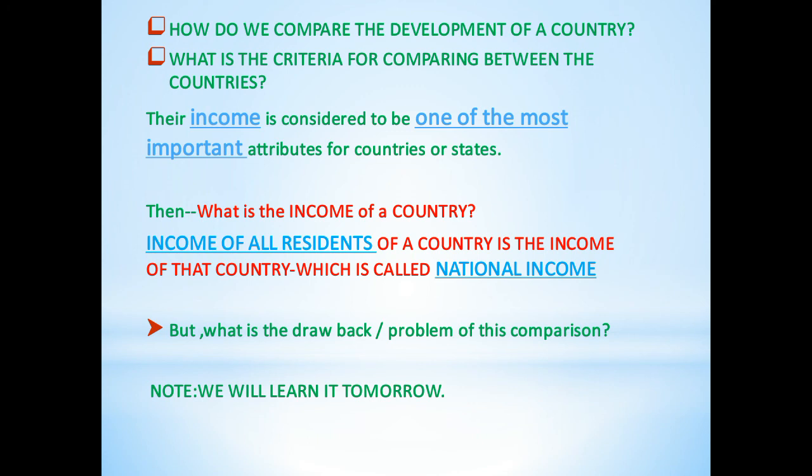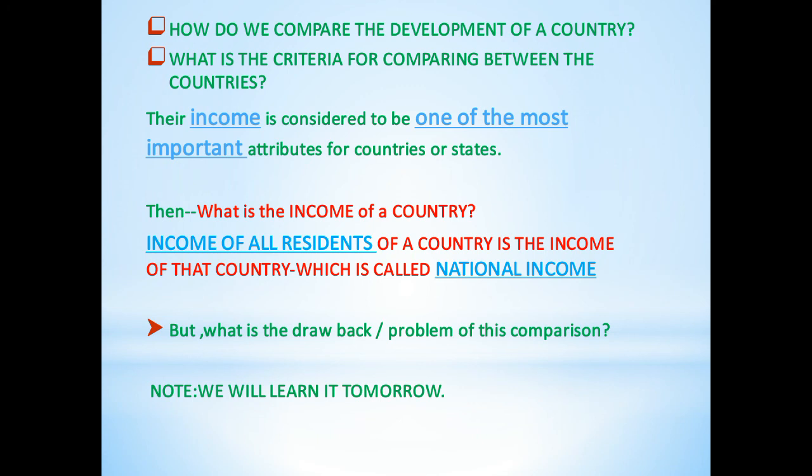It means my income plus another person's income plus another person's, every single individual's income collectively is known as the national income or income of a country. Now we can compare the countries by their earnings, income.